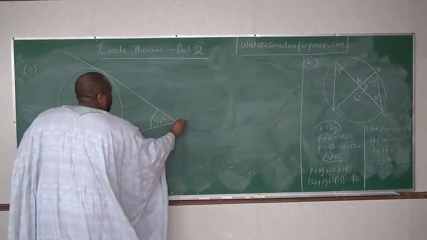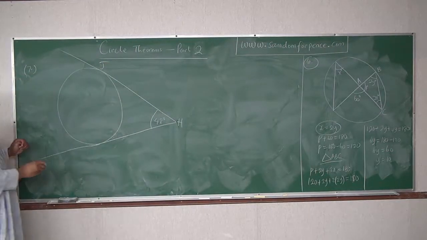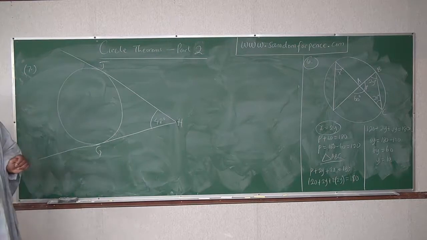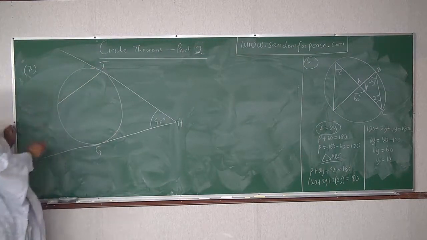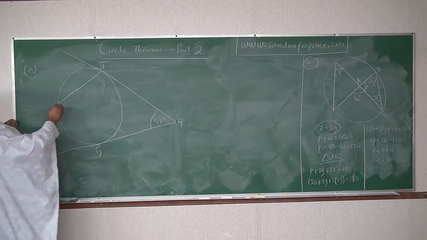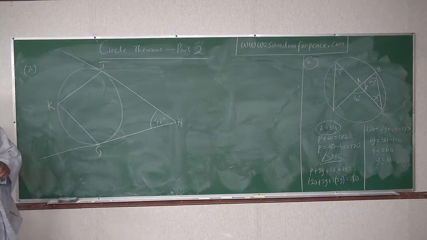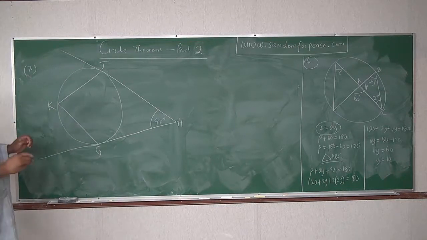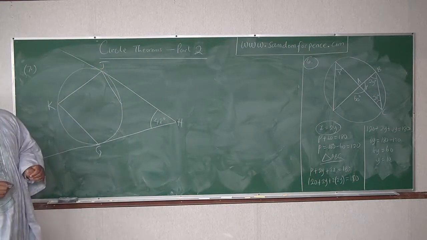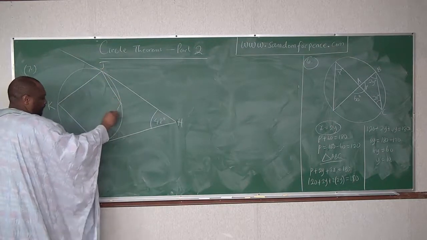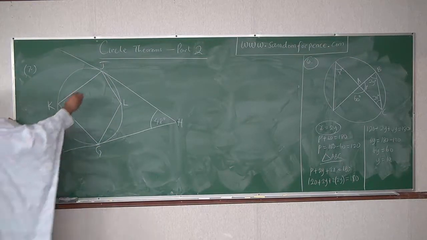H, J, G. Then we have a chord here. Okay, looks like we have a cyclic quad. And this is L. Then we have the center O.